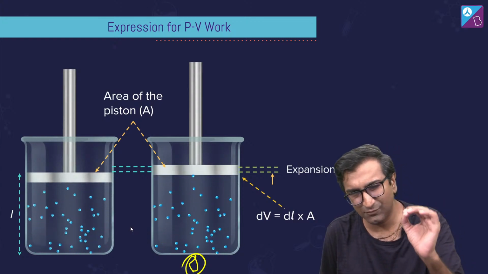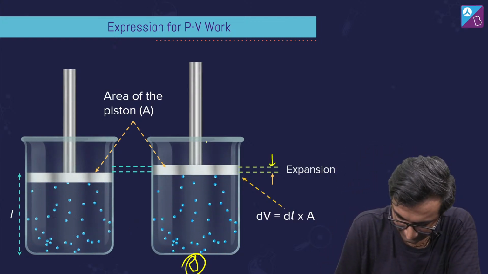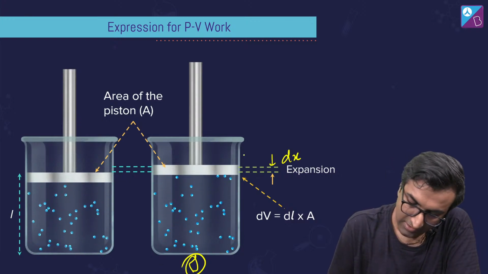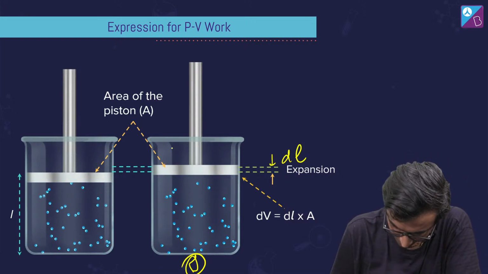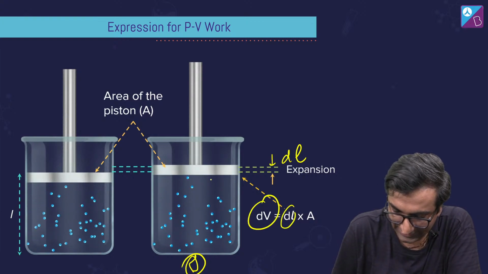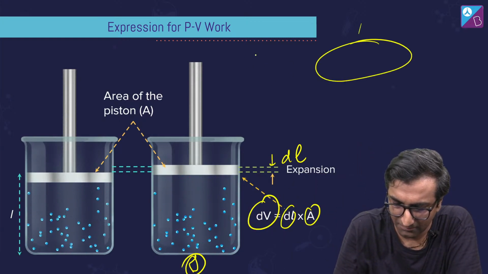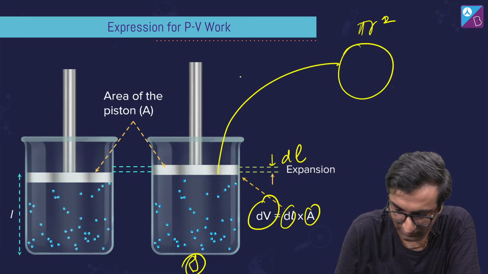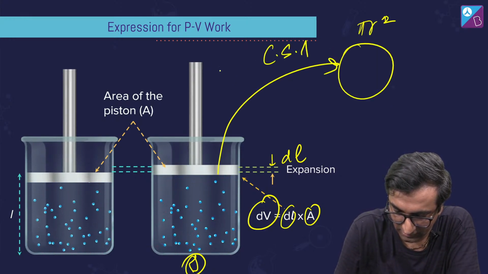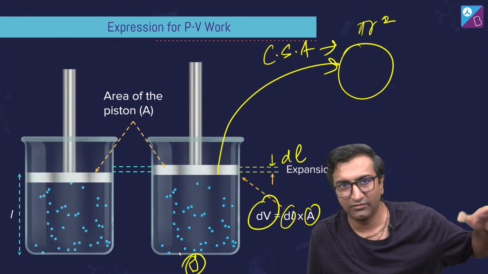If the piston gets pushed up very little bit, so we say that this distance is dx. ठीक है? और dl, अगर पूरा लेंथ l है, छोटा लेंथ dl है, चेंज इन वॉल्यूम विल बी dl into A. कौन सा एरिया? एरिया ऑफ क्रॉस सेक्शन. ये एरिया, या पाई आर स्क्वायर, I know this looks like a circle, this area, या क्रॉस सेक्शनल एरिया, that's the area. You don't have to worry about all that, but I'm just giving you the whole picture here.